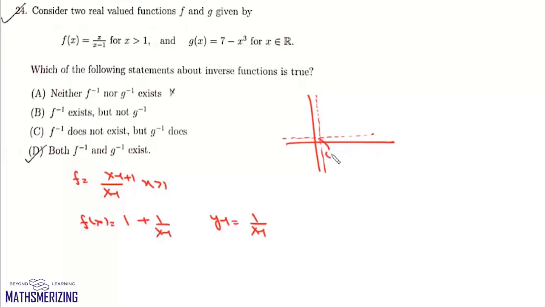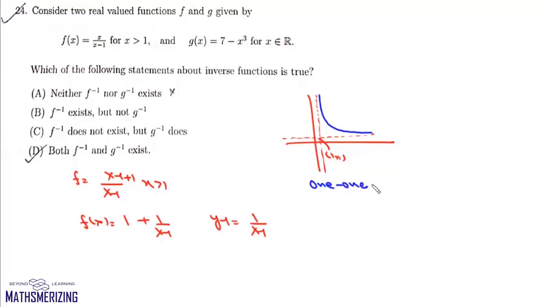This point here is 1, 1. Now this function is clearly a 1-1 function.